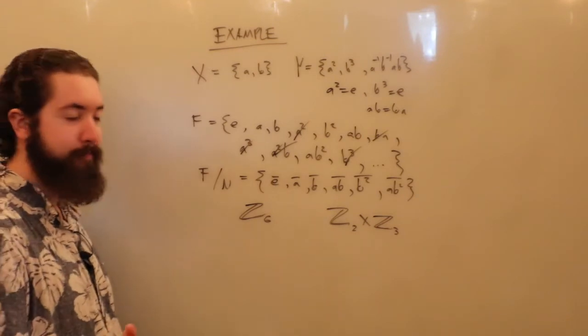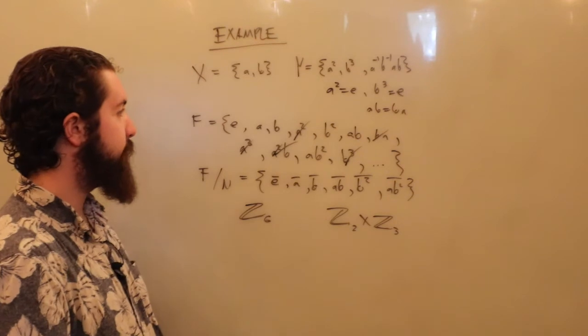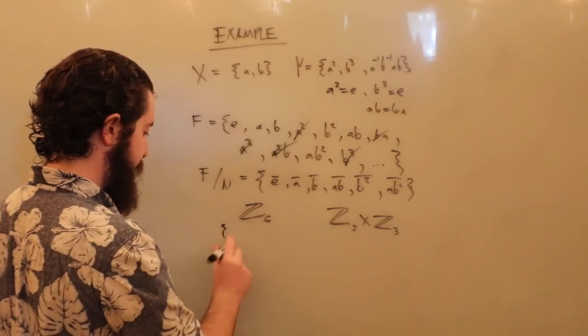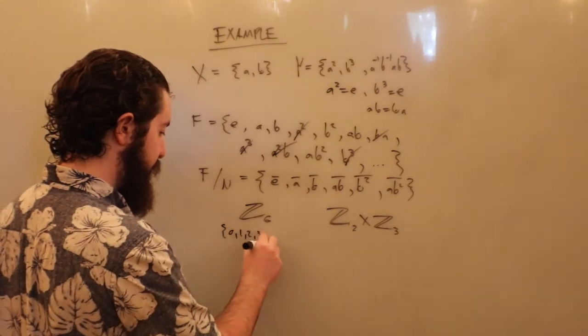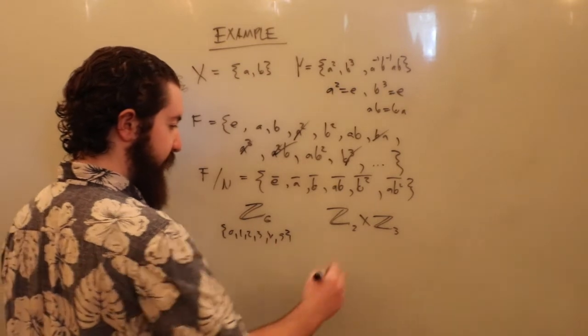So which could it be? Well, let's see which one satisfies these properties. So Z6 is going to be 0, 1, 2, 3, 4, 5, under modular arithmetic, mod 6.